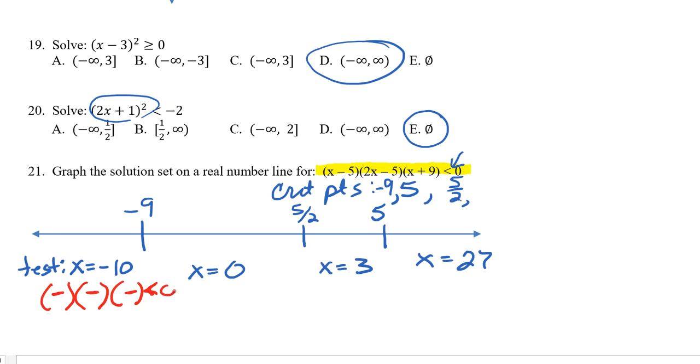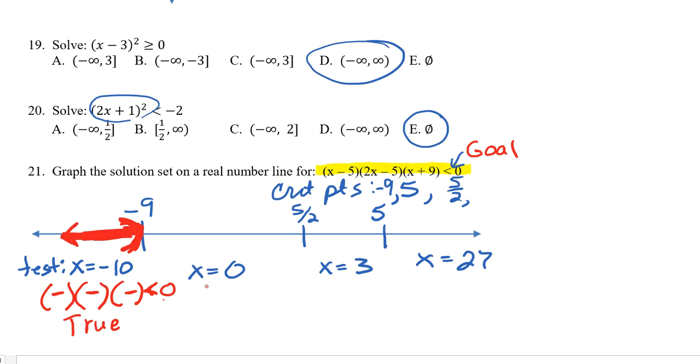So when we multiply them, our goal here is to get a product less than 0. When I multiply three negatives, it is true. It is less than 0. So we want a parenthesis because it is strictly less than 0, not a square bracket. So parenthesis is an open endpoint, and then I would draw an arrow going to the left forever.